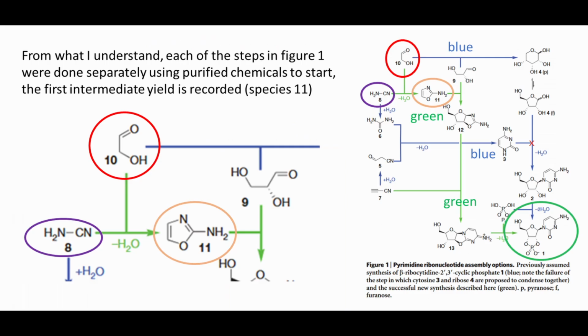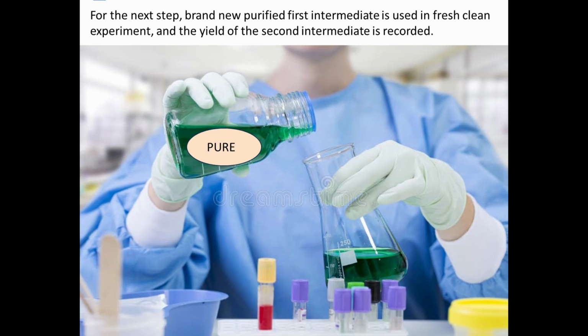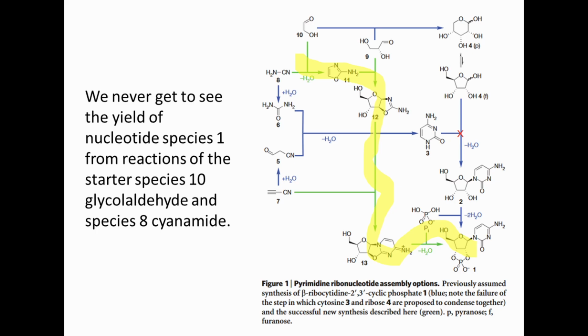From what I understand, each of the steps in Figure 1 was done separately using purified chemicals to start. The first intermediate yield is recorded. For the next step, brand new purified first intermediate is used in a fresh, clean experiment, and the yield of the second intermediate is recorded. So we never get to see the yield of nucleotide species 1 from reactions of the starter species 10 glycolaldehyde and species 8 cyanamide.